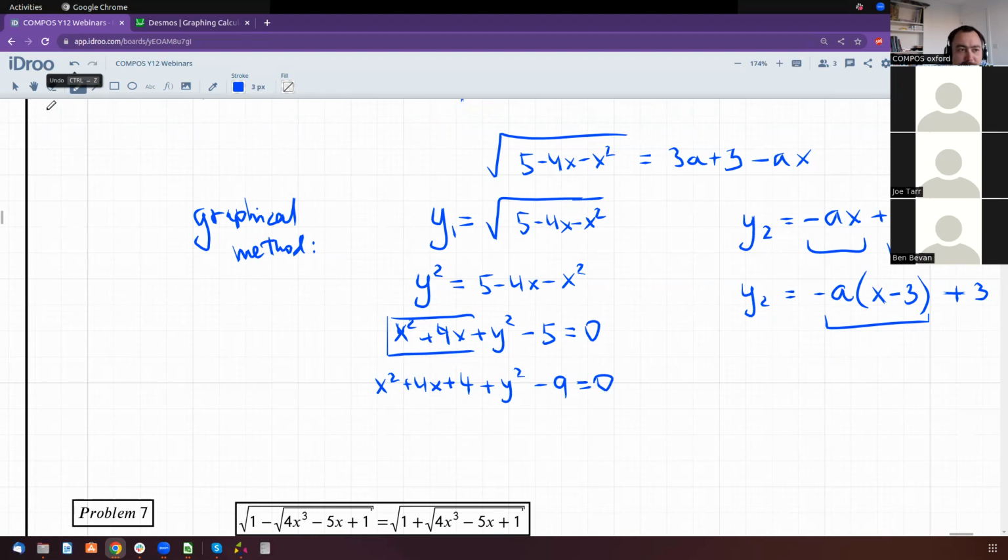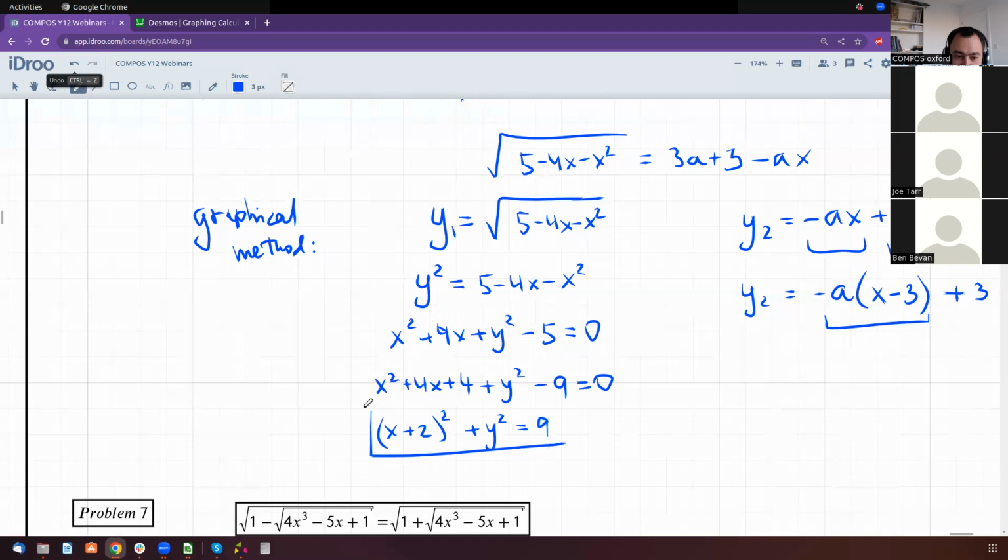Is everyone happy with that? I'm happy to explain what I did here. What I've done is I've completed the square. And you can see that this is x plus 2 squared plus y squared equals 9.